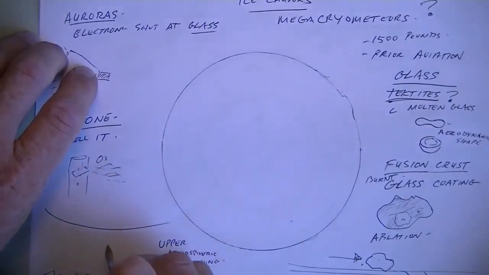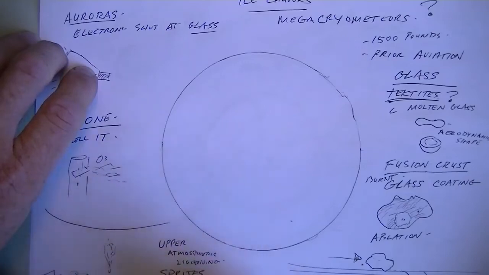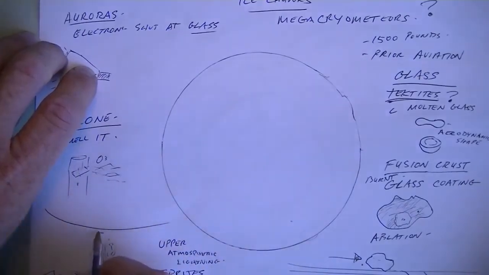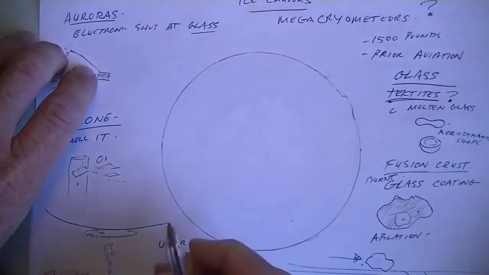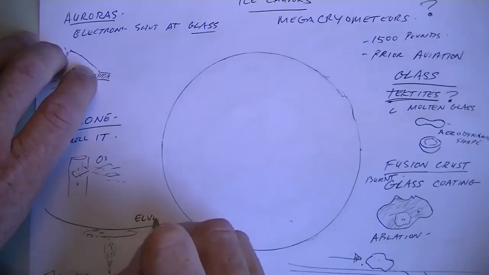It's kind of like a funnel shape here, but it has a top to the sprites. Basically, it gives off this disc-like plasma discharge, and they call those elves.